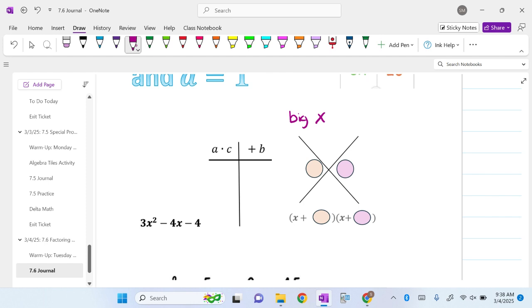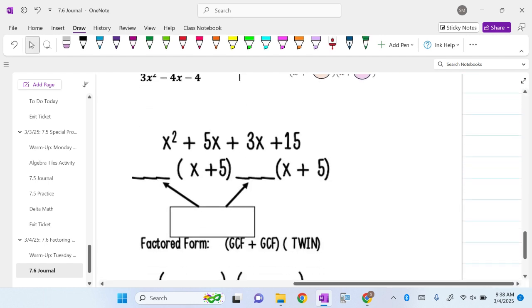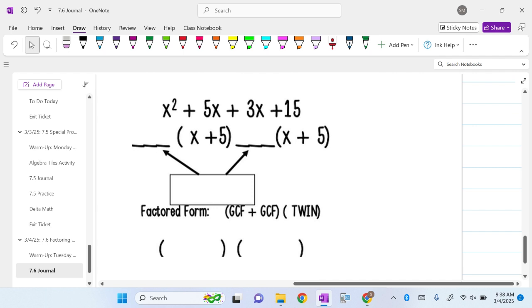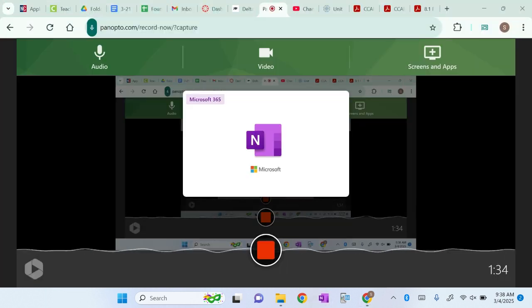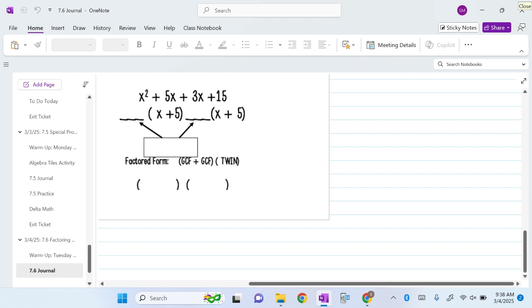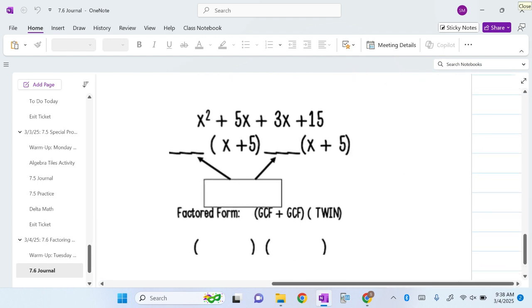All right. What about this last one? What method is that? Polynomial? That's not a method.